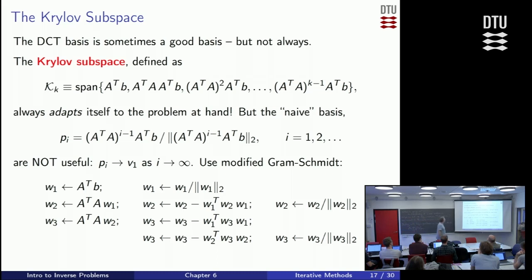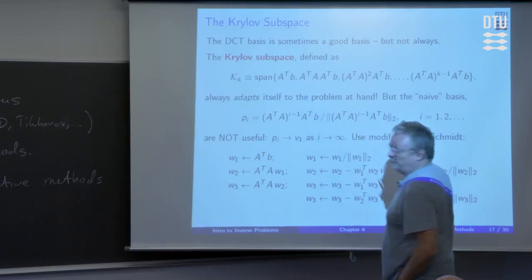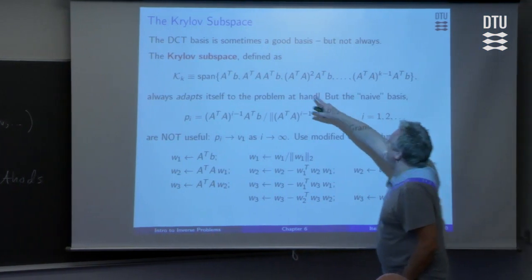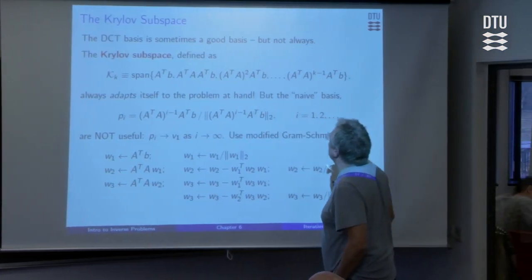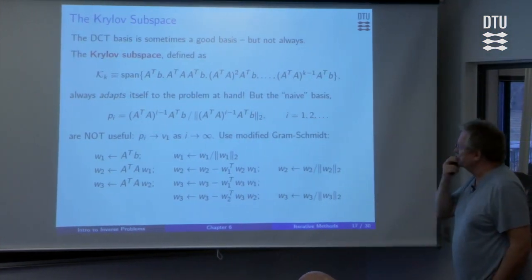So sorry about that. So let's define that Krylov subspace. It's spanned by these vectors here, right? My first vector is A transpose B. The next one is A transpose A times A transpose B. The third one is (A transpose A) squared times A transpose B, and so on.